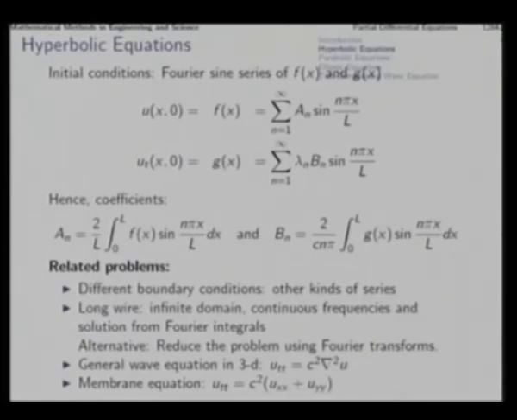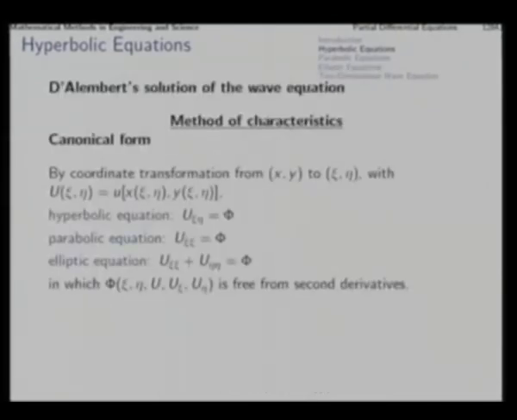So, I suggest that you follow some of these exercises, and presently we will proceed to the other two classes of quasi-linear partial differential equations, that is parabolic equations and elliptic equations, in the next lecture.